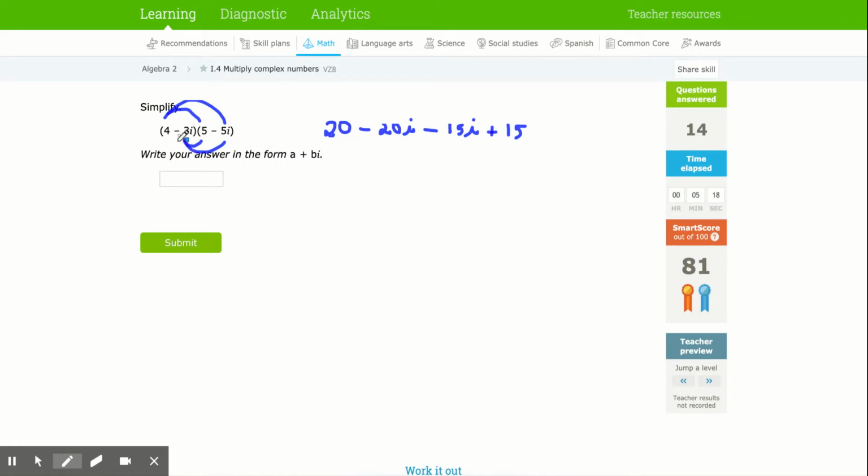The negative 3 times the negative 5 is positive 15, but then I'm going to end up multiplying by this i times the i, which is a negative 1, which is going to make that minus 15. So 20 minus this 15 is going to be 5. And then the negative 20 minus 15 more i's is going to be a negative 35i.